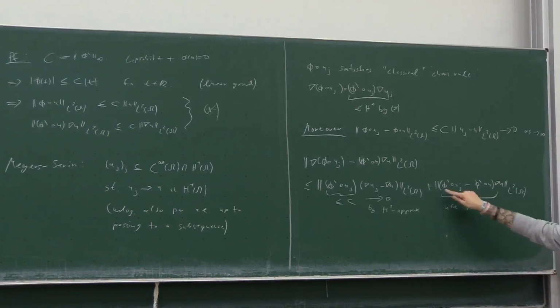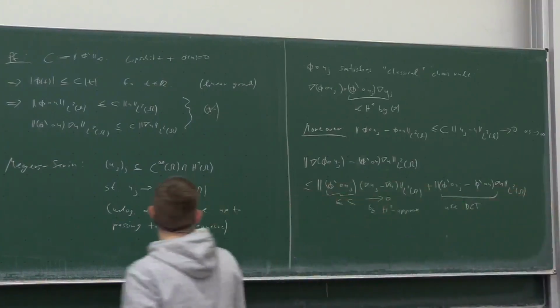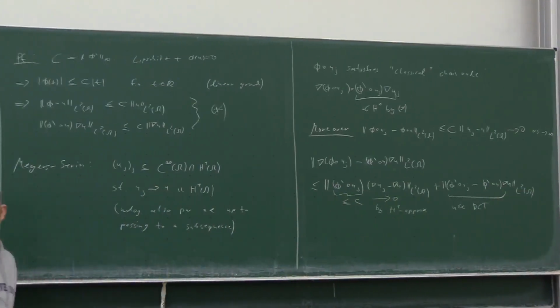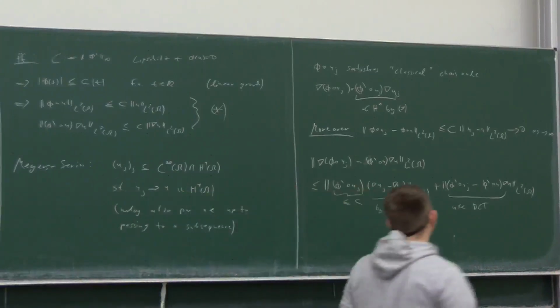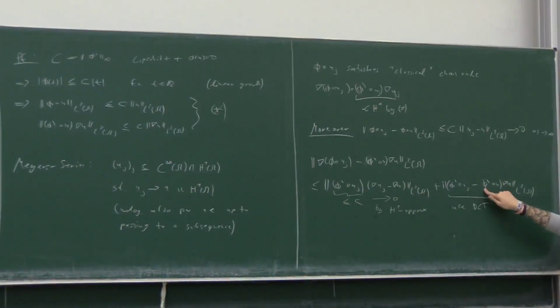And why does this converge pointwise to 0? Well, we said that we can assume without loss of generality that uj converges pointwise almost everywhere to u. And if I compose both with the same function phi prime, then of course the composition will also go to 0 pointwise almost everywhere.